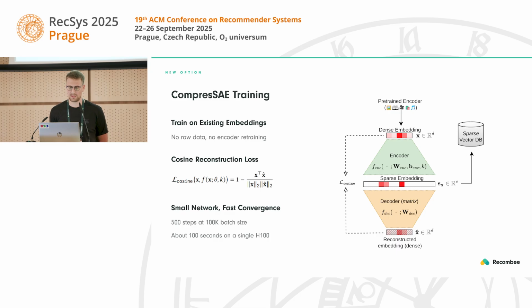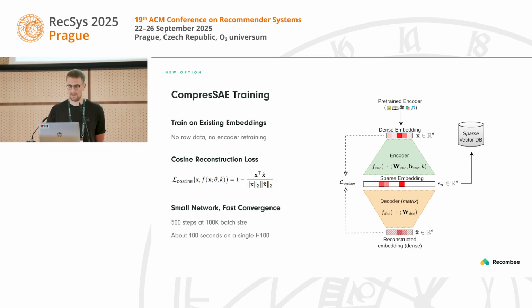This means the loss function is directly distilling the reconstruction precision from the reconstructed space onto the sparse layer of the embeddings, and the sparse embeddings produced by the encoder are then stored into a vector database that holds sparse embeddings in a compressed sparse format.